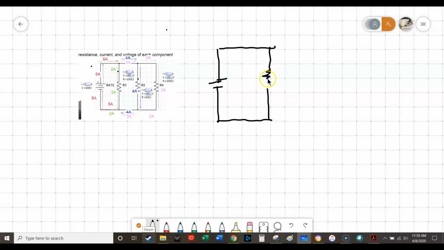Make R3 a little bit more squiggly. And I'm going to erase this and make that look like a better looking battery. I think if somebody has a history of being able to draw pretty well, they'd be able to draw these little things better. All right. Well, we know this battery is 200 volts. So we're doing the same problem again, but we're going to do it a different way. And we know this resistor, which is R3, is 100 ohms.